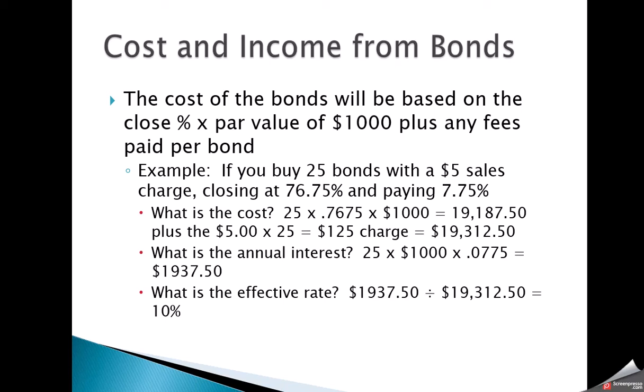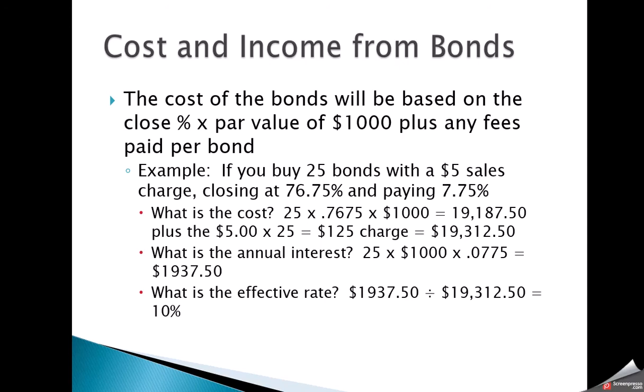But then plus you have to incur the $5 times the 25 bonds, the $125 charge that the broker is charging you. So the total cost to the person who's investing, or the group of investors, would be $19,312.50. But again, those are selling at a discount because they would really be worth $25,000 at face value.